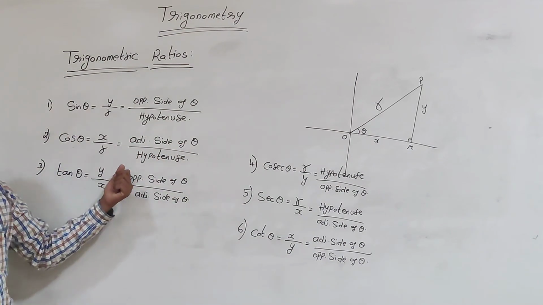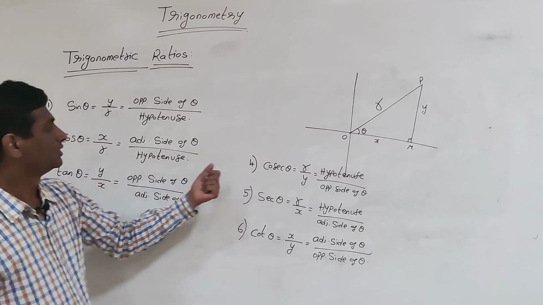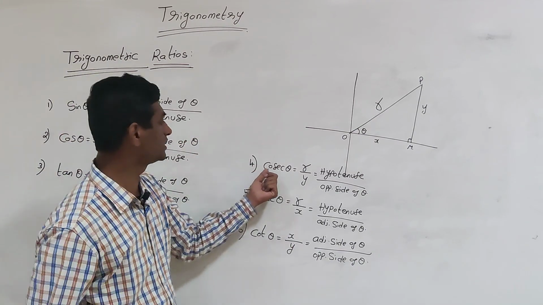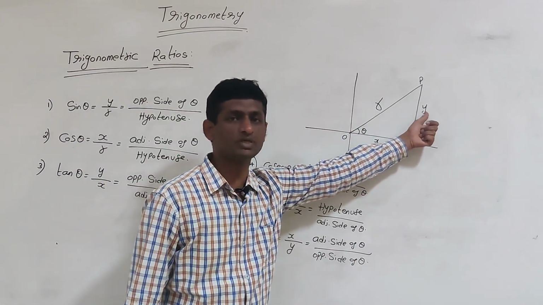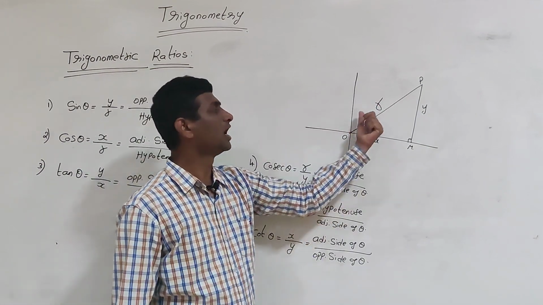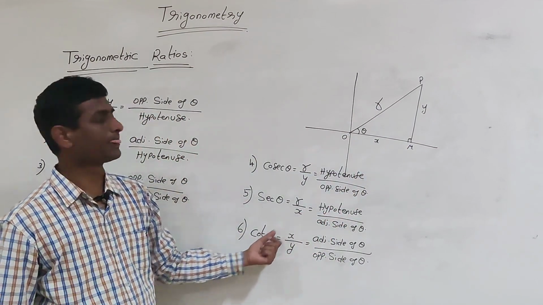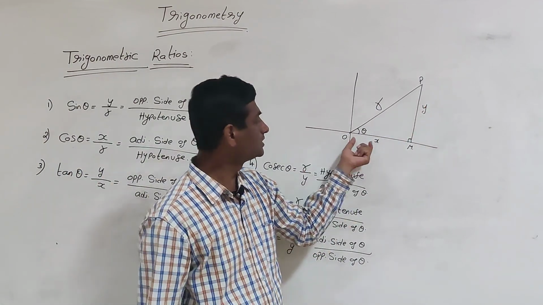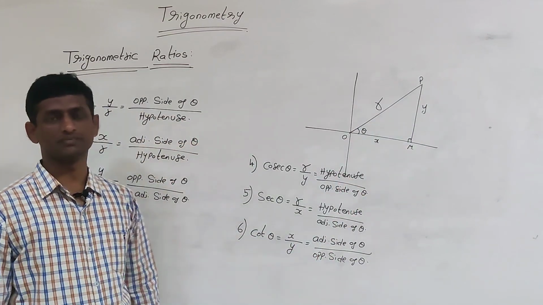Tan theta is opposite side of theta by adjacent side of theta. Next, the reciprocals: cosecant theta is r by y, hypotenuse by opposite side of theta, secant theta is r by x, hypotenuse by adjacent side of theta, and cot theta is x by y, adjacent side of theta by opposite side of theta.